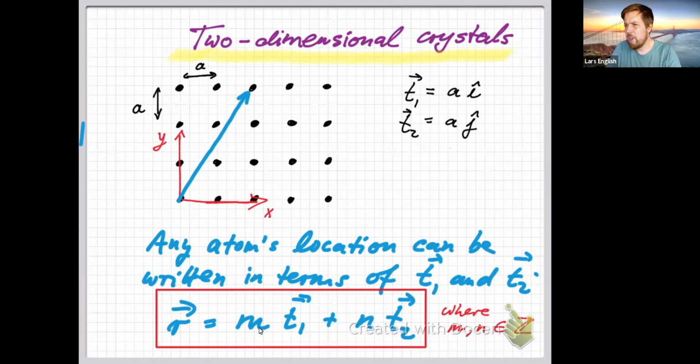But in general, I can reach every atom in the lattice that way, where M and N, these two prefactors, are integers. Our book also calls them N1 and N2, same thing. So that's how we generate the lattice mathematically with these two basis vectors.